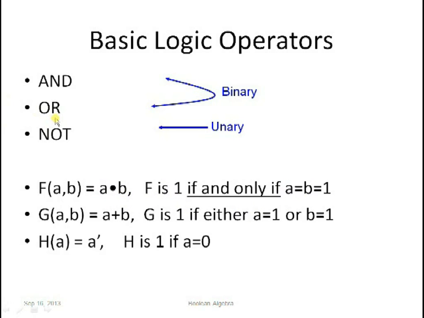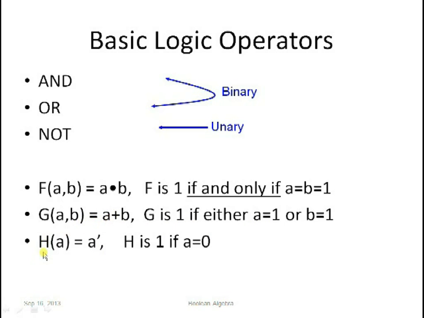And next is OR, g of a comma b equals a plus b, where plus is the symbol used for representing the operator OR. So from now onwards we have to call this a or b, and the output of this function is 1 when both the operands are 1 or else any of the operands is 1. Okay, and if both the operands are 0, then the output of the function is 0.